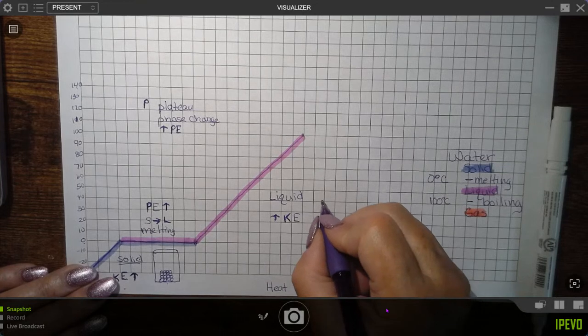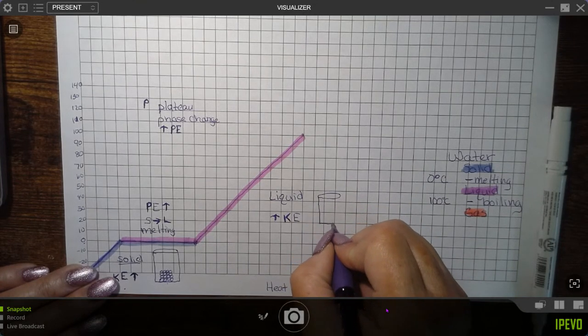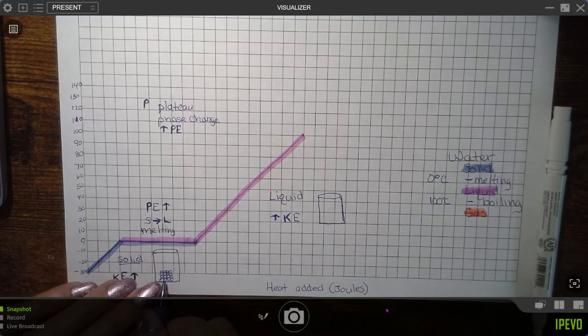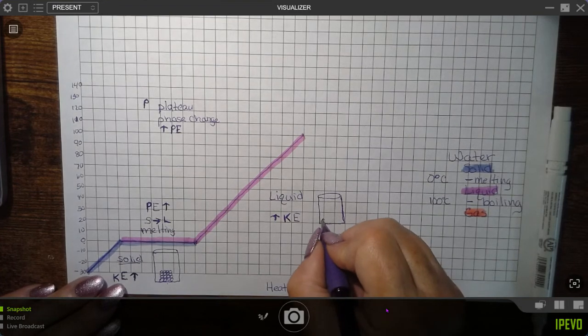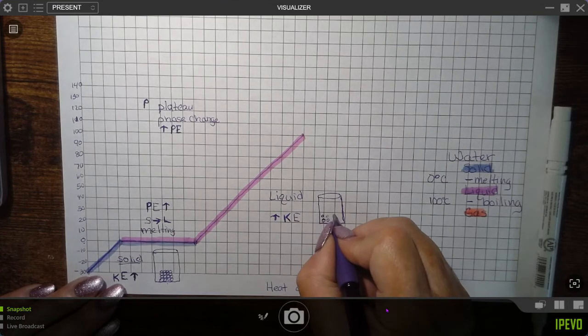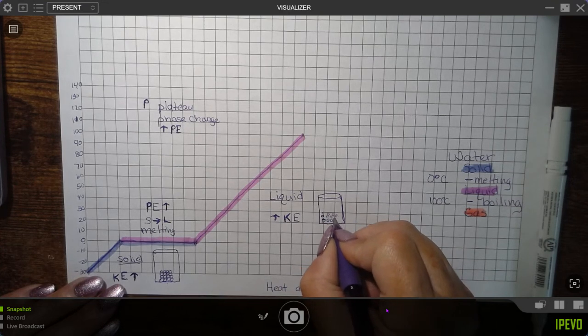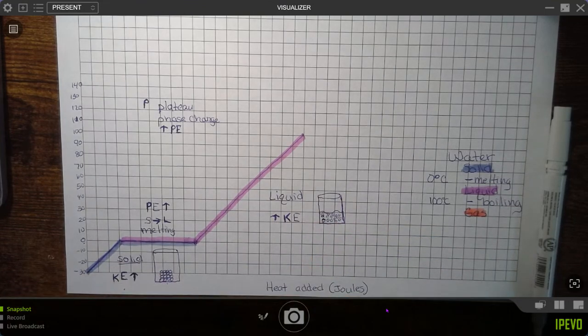Now, if I were to draw a picture of this, I've got my container still. What we're going to see in our container is, instead of the particles being tightly packed and uniform, when water forms, the particles break through those intermolecular forces just a little bit, and they start moving around randomly.